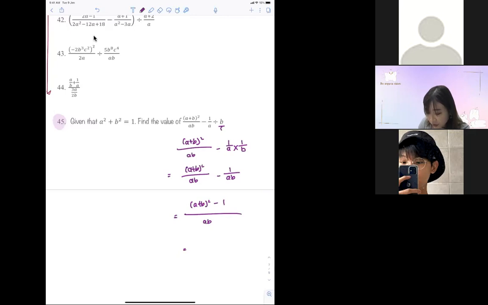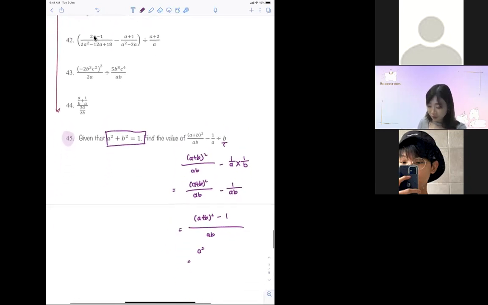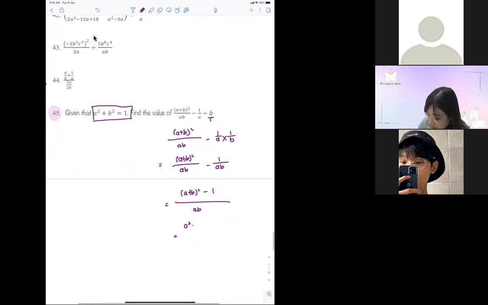Okay, then not done yet because they gave you another clue, which is a square plus b square is equals to 1. So if we expand this bracket, we will have a square. Okay, cannot use the same worksheet, okay? This one. So we have a square plus 2ab plus b square minus 1 over ab.